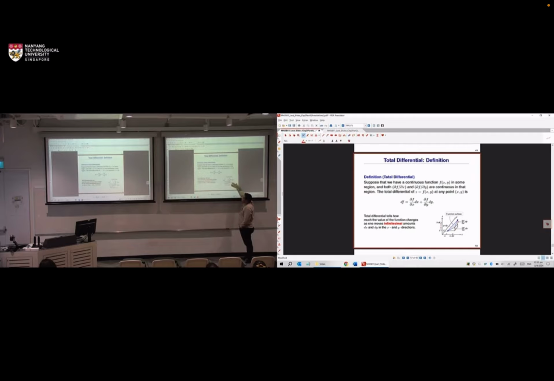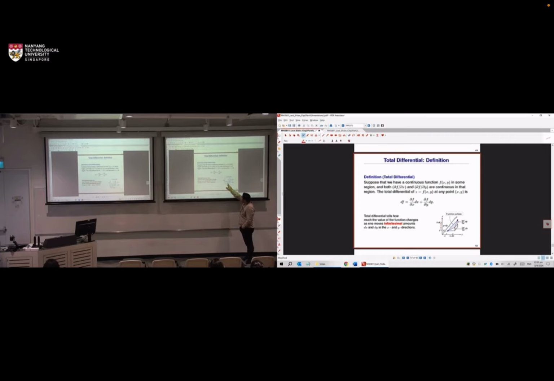In the multivariable calculus world, you don't just walk in a line along x only. You can now move in x and y. So imagine from here you move to here. Let's investigate.